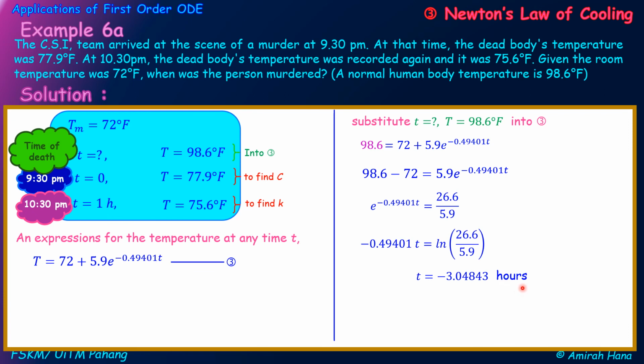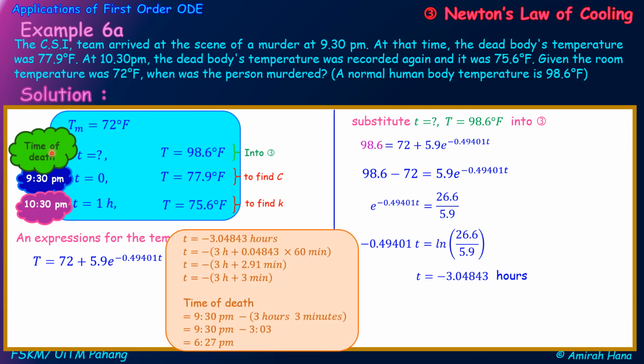To find the time of death, from T = negative 3.04843 hours, the 0.04843 is not in minutes, so we need to change it into minutes. How do we change from decimal to minutes?